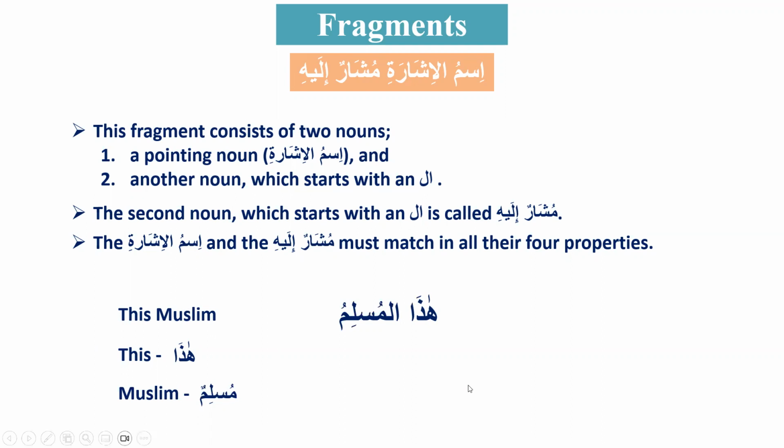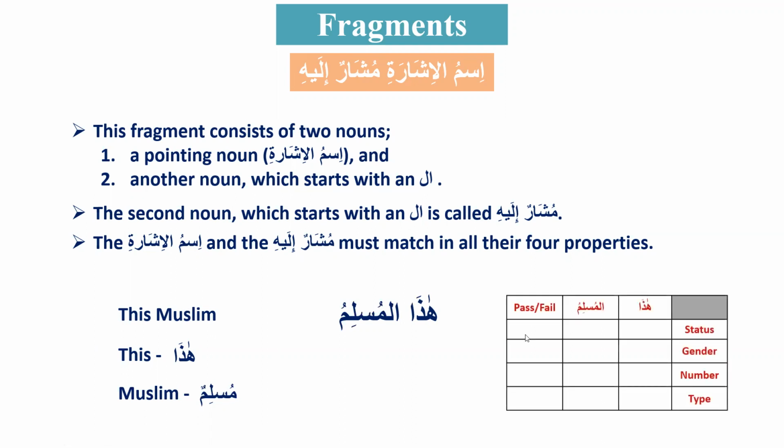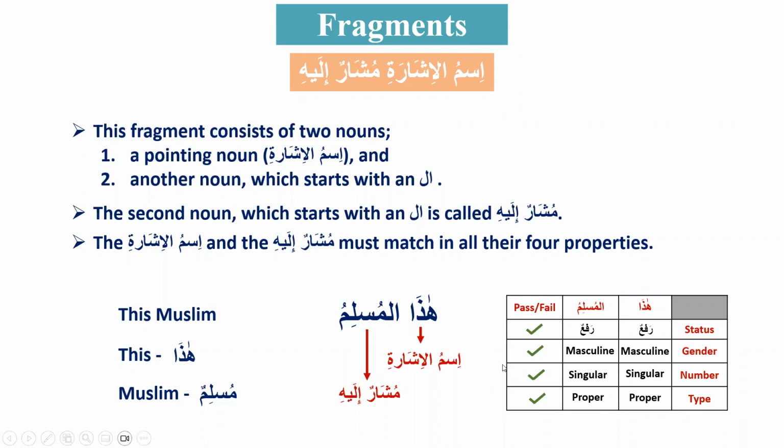Okay, we have a few more minutes. And you see, it has an al and they match in all the 4 properties. That is why it is Ismul Ishara Musharun ilayhi. It meets all the conditions: al is there, and both Ismul Ishara and the next word meet in their 4 properties.